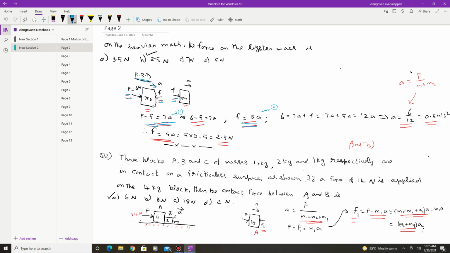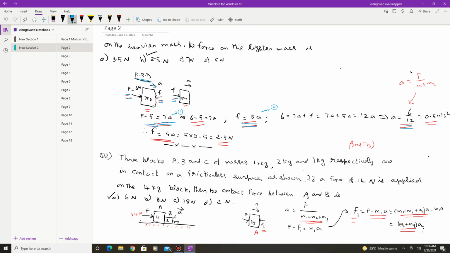So there are 2 equations, and once you add equations 1 and 2, you will get 7A plus 5A, which is equal to F, and from this the acceleration A can be determined.